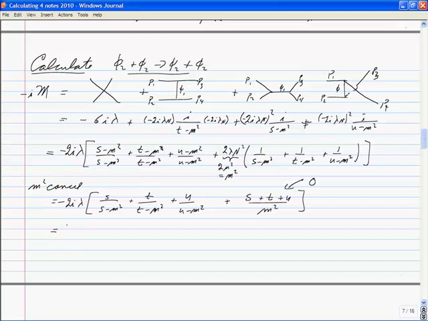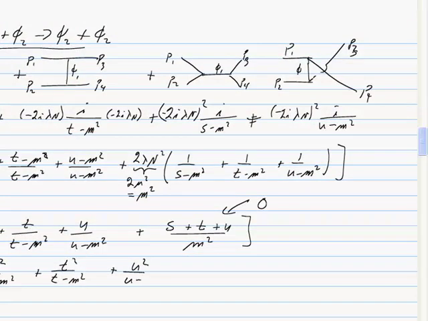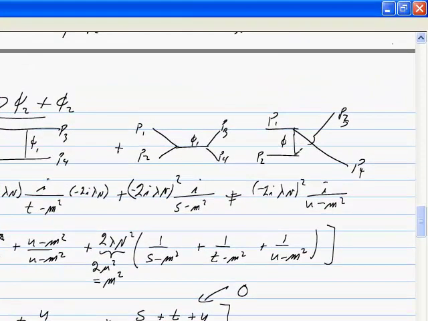This turns into minus 2i lambda over m squared, s squared over s minus m squared, plus t squared over t minus m squared, plus u squared over u minus m squared. Okay? That stage I'm done.